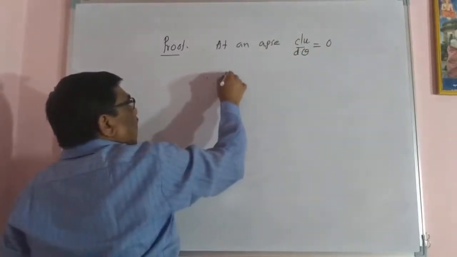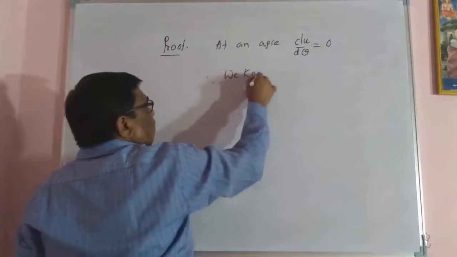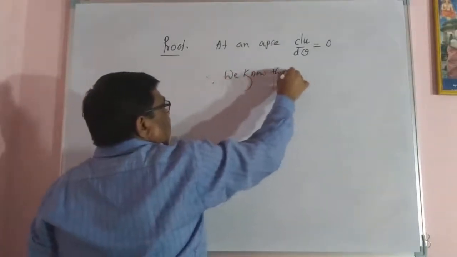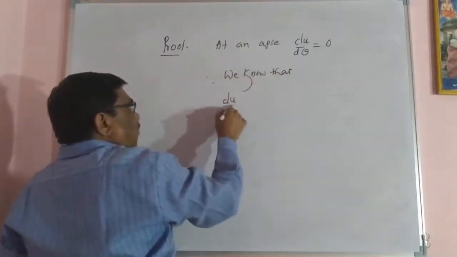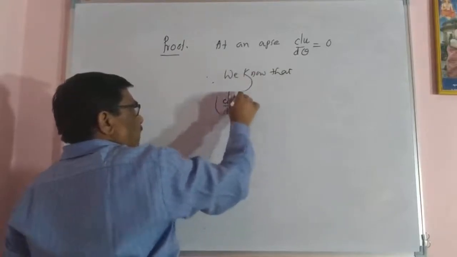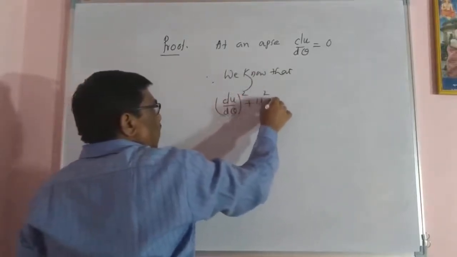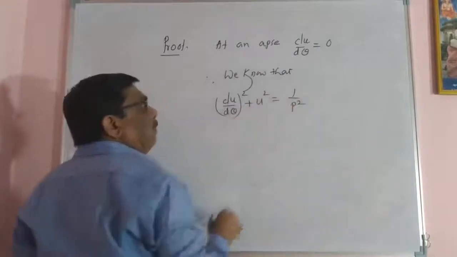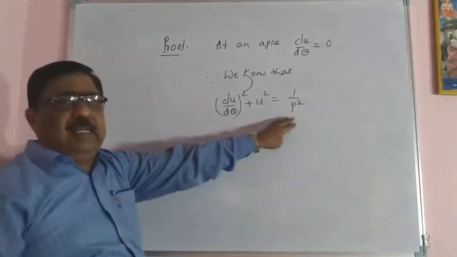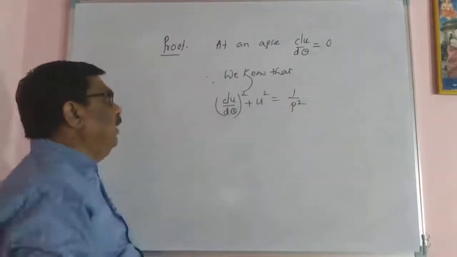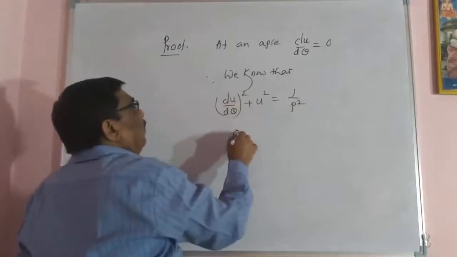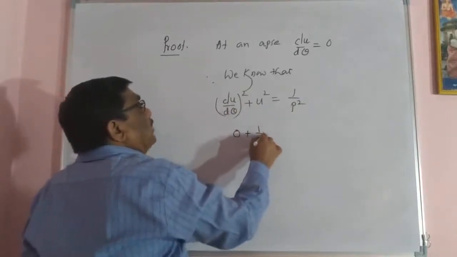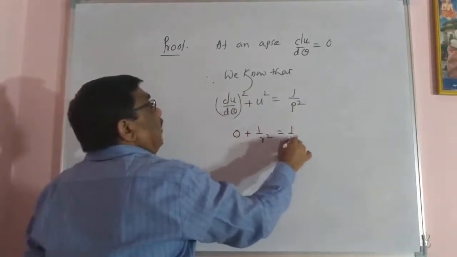Therefore, we know that (du by d theta) whole square plus u square is 1 by p square. It is a well-known result in the pedal form. Du by d theta is 0, plus 1 by r square equals 1 by p square.